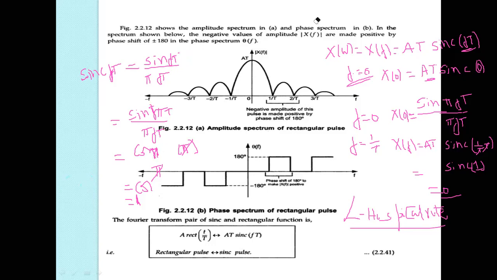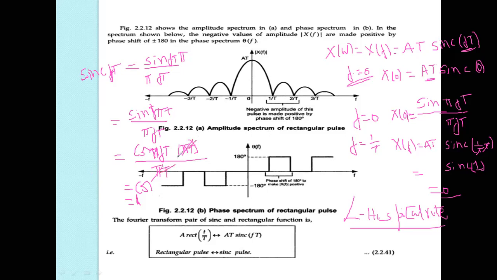It becomes, for sine pi ft, we'll get cos pi ft into pi t. Okay, my dear students. And here also, the denominator is pi ft. With respect to f, we are applying the derivative. What is the constant here? The pi t.